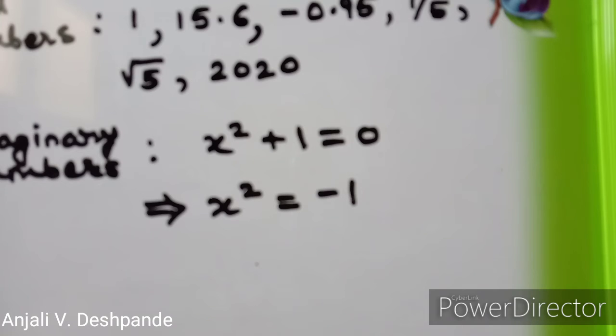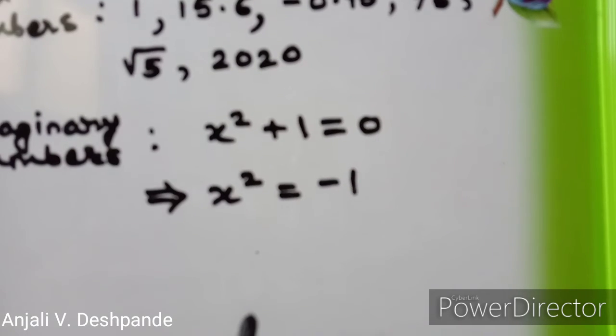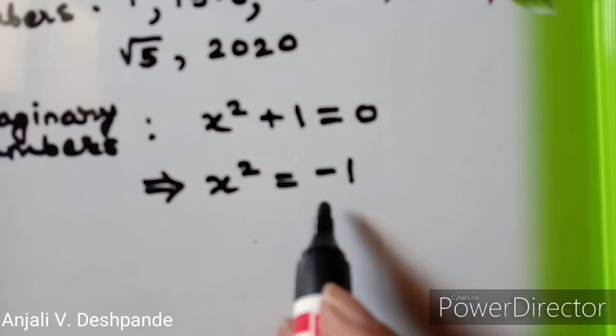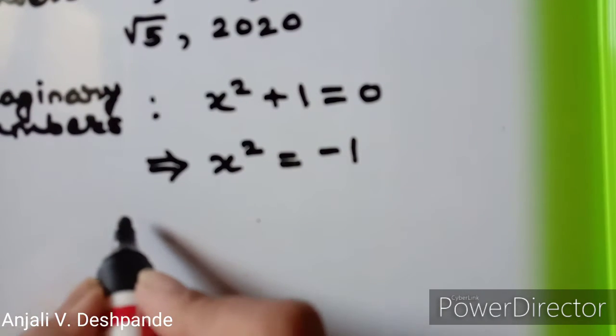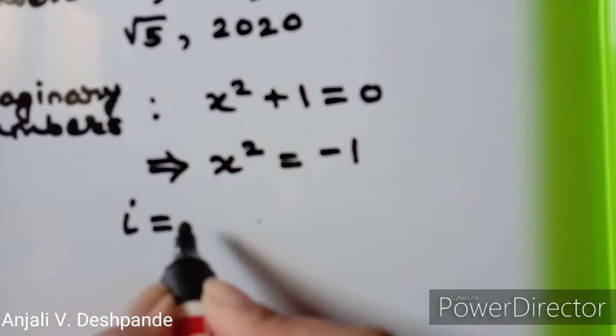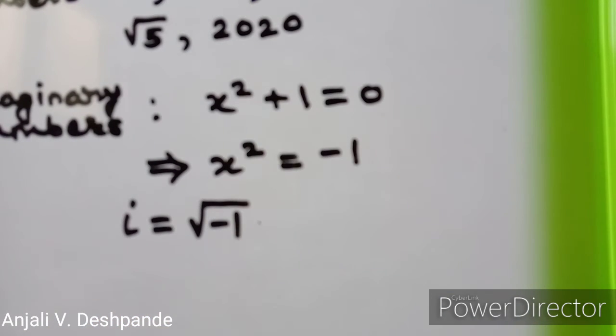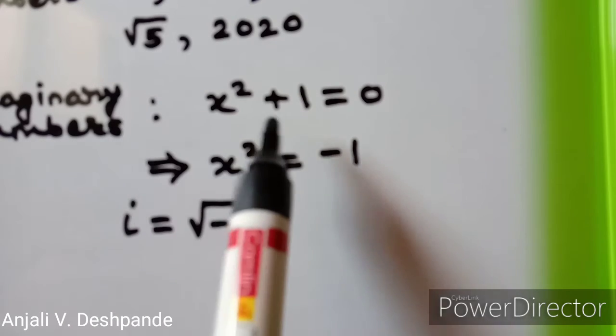So in such a case, we define what is called an imaginary number. So how do we define this imaginary number? We define this number by the symbol i, and this i we call the square root of minus 1. Okay, so basically this is the starting point.